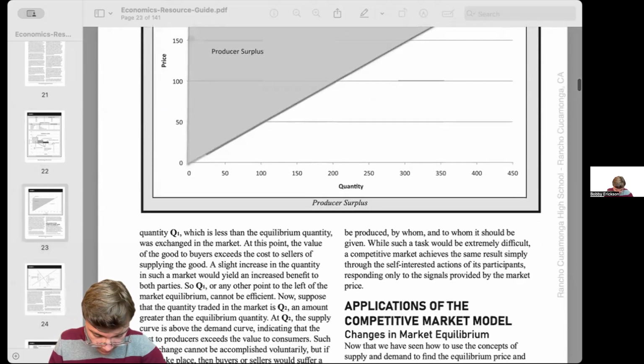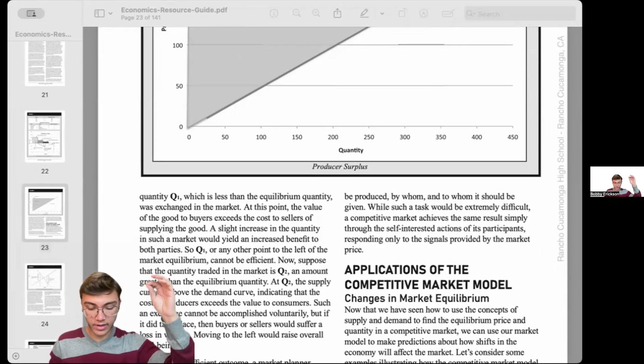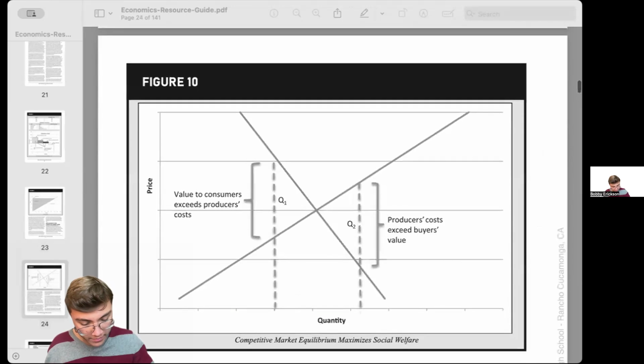Q1 is less than the equilibrium quantity. And so at this point, the value of the good to the buyers exceeds the cost to the sellers supplying the good. So remember, the point of a quantity right here is the opportunity cost to the supplier.